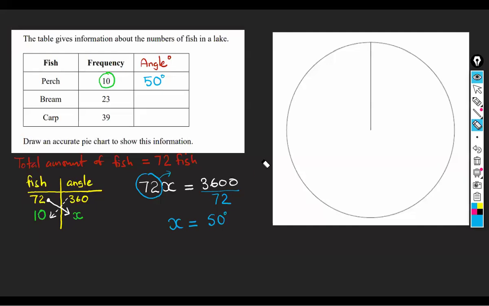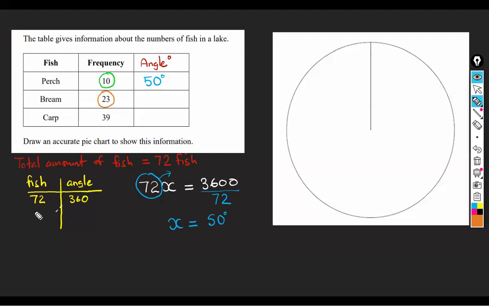Right. So let's see here. We start back now. We're going to calculate for the bream. So erasing this. Now remember, for the bream, it's slightly different values. The first relationship still holds: 72 fish is represented by 360 degrees.